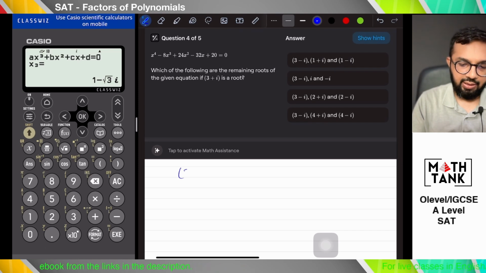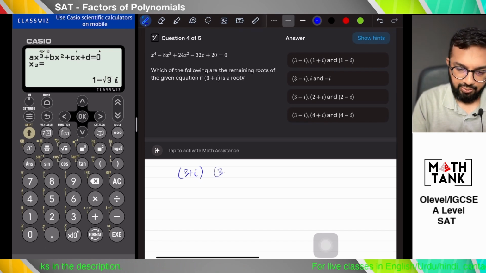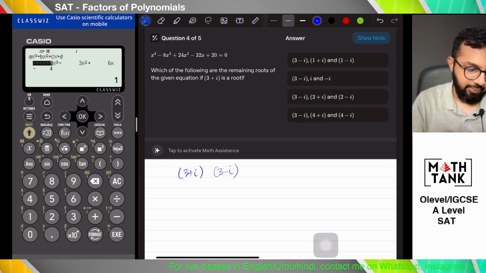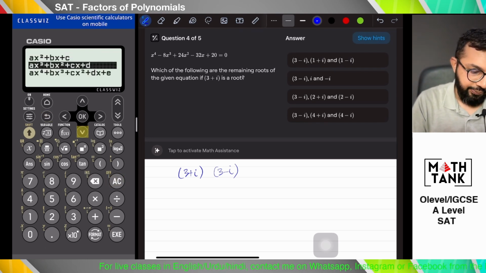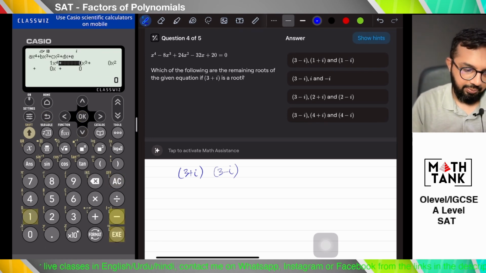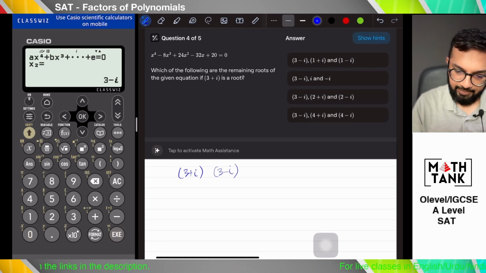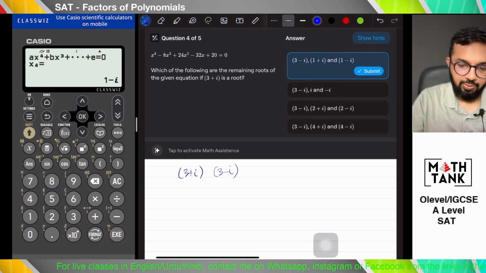Remember that whenever 3 plus i is a root, then 3 minus i should also be a root. I can just solve this on my calculator. 1 minus 8 plus 24 minus 32 plus 20. 3 plus i, 3 minus i. Then 1 plus i and 1 minus i. So this should be the correct answer then.